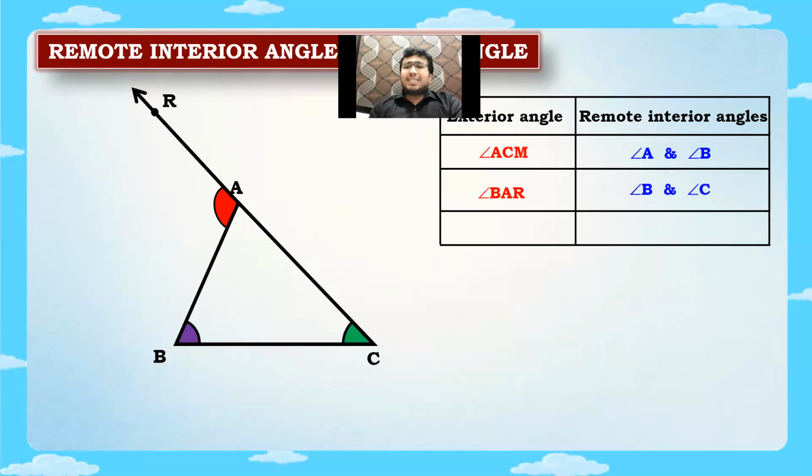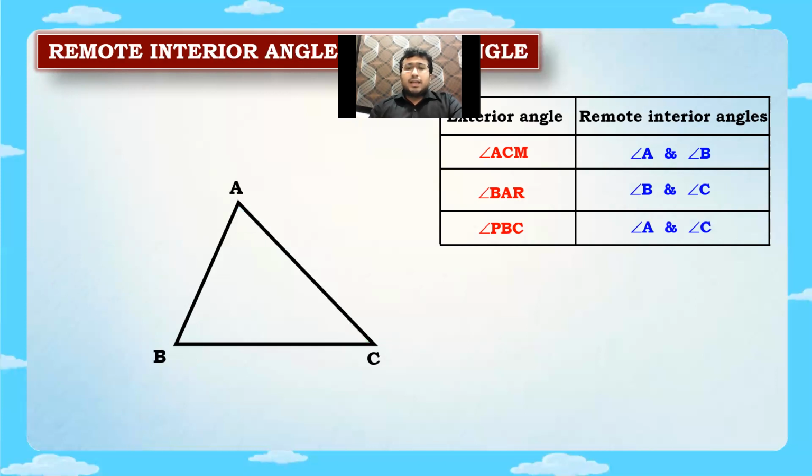It is B and C. So for exterior angle BAR, the two remote interior angles are angle B and angle C. Superb, students. If I extend AB, we have angle PBC as an exterior angle. Tell me, for angle PBC, which are the two remote interior angles? Superb. It is angle A and angle C.